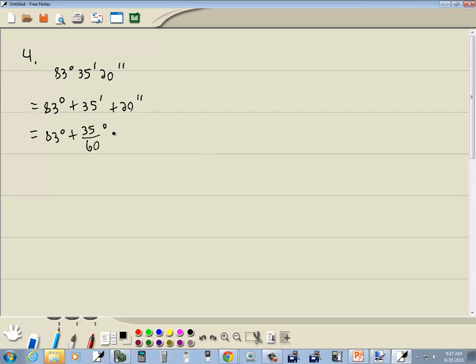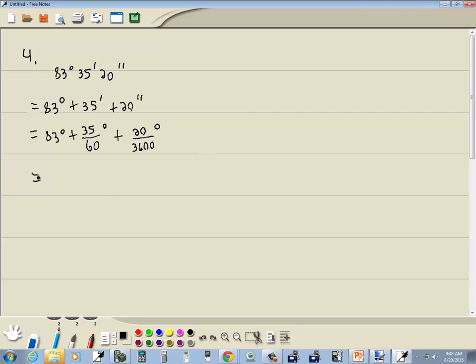To go from seconds over to degrees, you take your 20 and divide by 3,600. Then that'll give it to us in degrees.